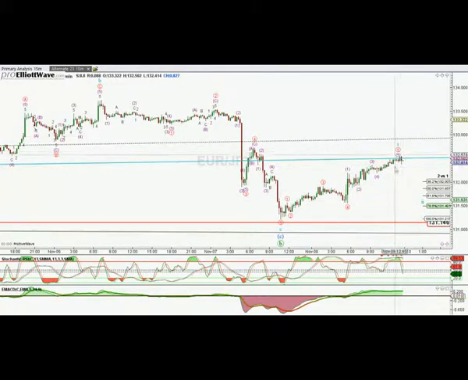And this is where our trend line comes back into action. We are testing it. If we penetrate through it, we should find some buying momentum. If we don't, these lows are going to be tested again, and we'll see if we go through them or not.